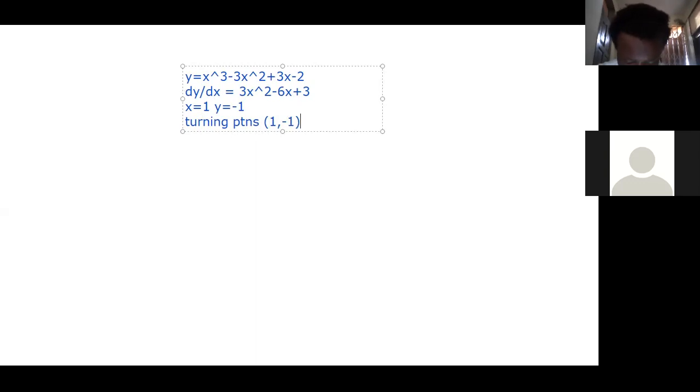Now the question says we should find all turning points and intercepts. So what we are first going to do is the second differential.